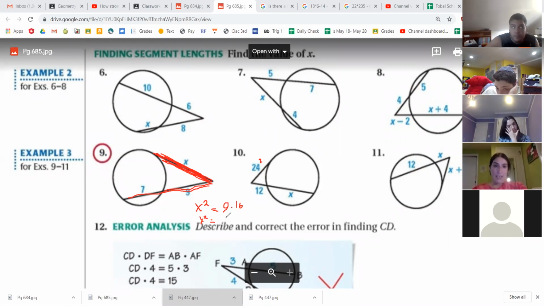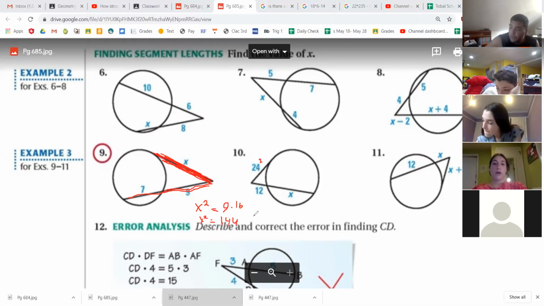9 times 16, 144. Okay, 144, square root both sides.